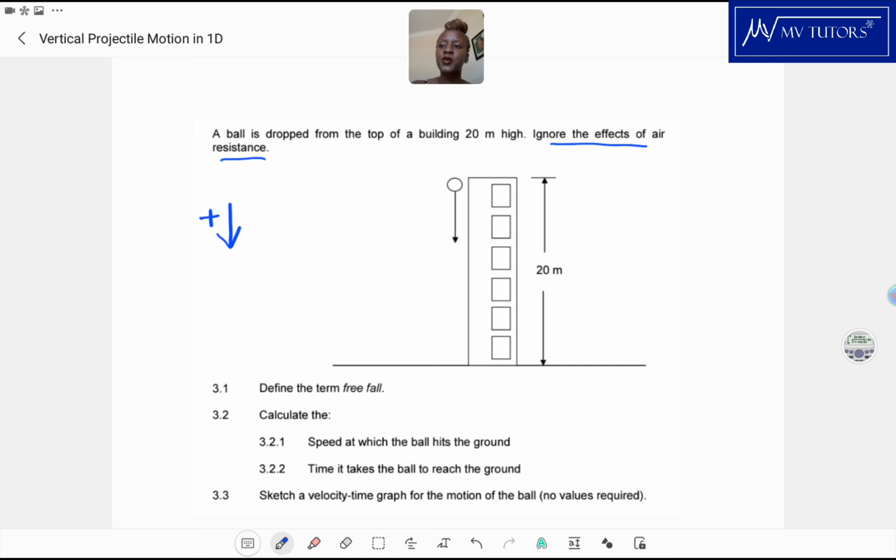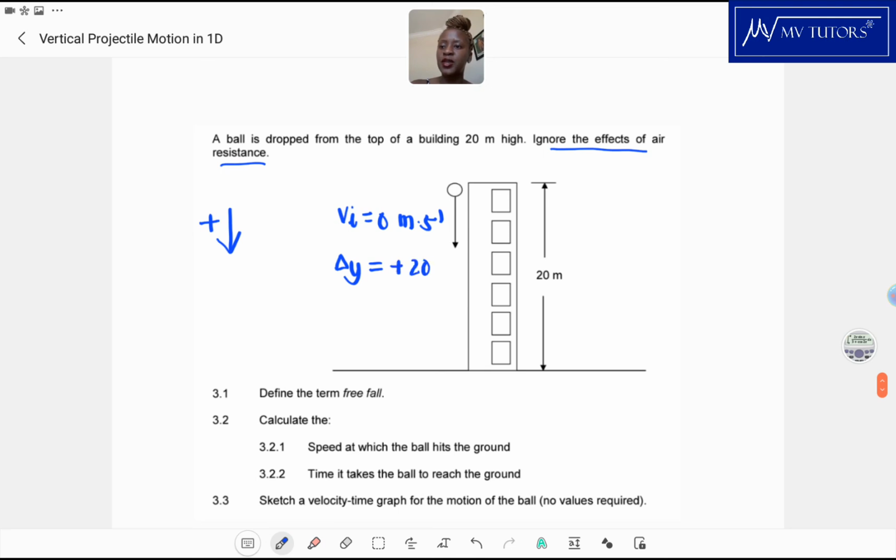Because it was dropped, my initial velocity is going to be 0 meters per second, my displacement is going to be positive 20 meters, and my gravitational acceleration will be positive 9.8 meters per second squared. Now I need to look at my equations of motion and see which is applicable. What am I looking for? I am looking for the speed at which it hits the ground, which is like my maximum velocity.